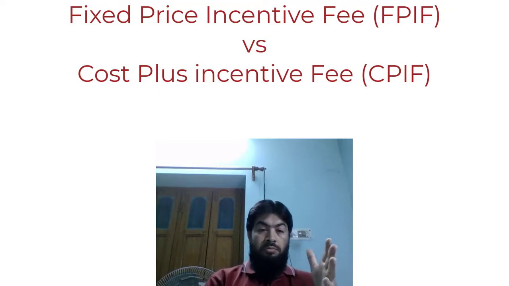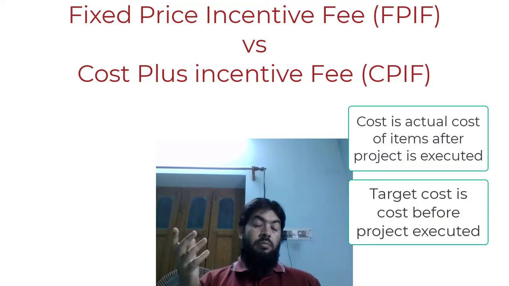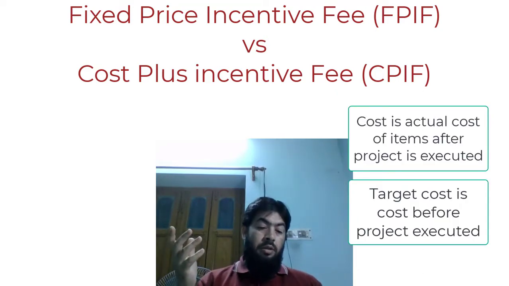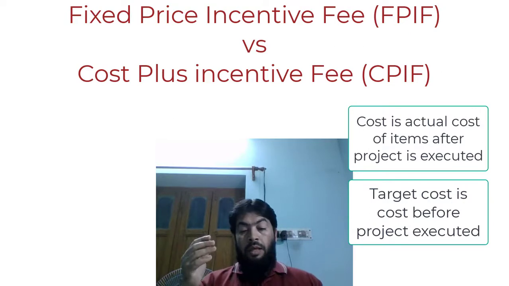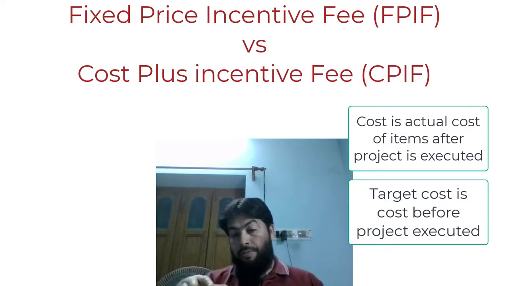Cost is not important here, because cost is actual cost. Whatever the buyer is buying is actually under account audit. Fixed price, on the other hand, is not under audit, so that part has to be limited.